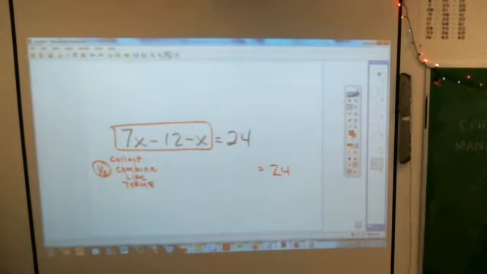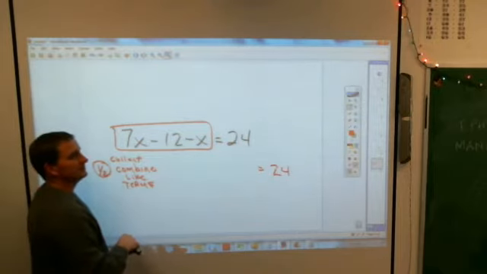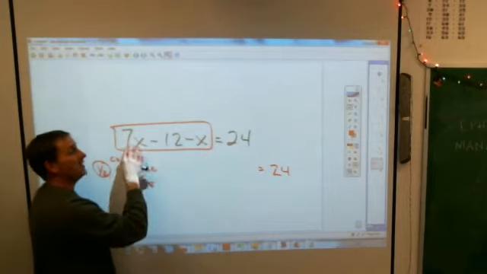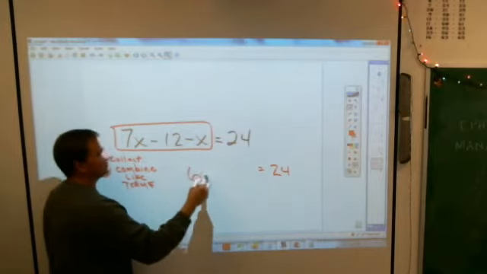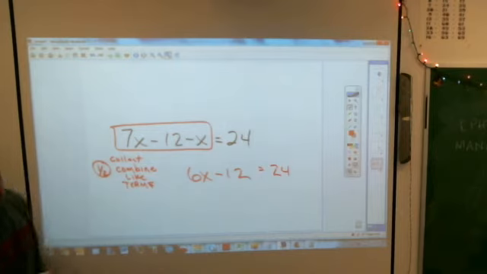What can I put together, Wade Davis? 7x. You have an x and an x here. You can put those together. If you have 7 x's and you take 1 x away, you're left with 6 x's. And then the minus 12. Then it becomes just like the one we just did.